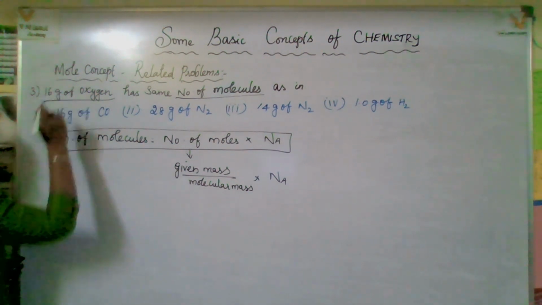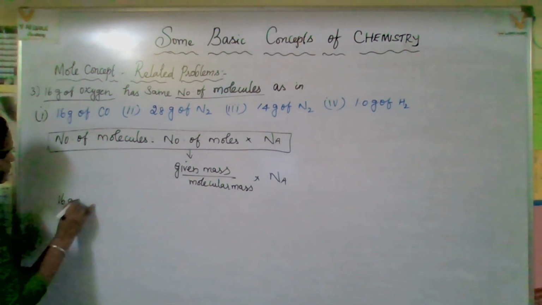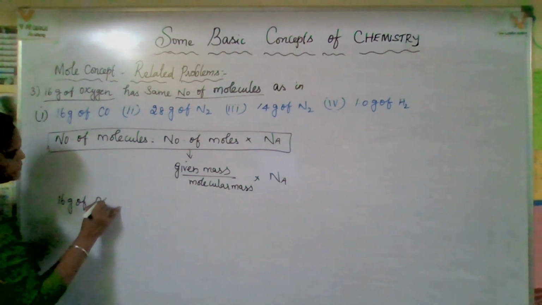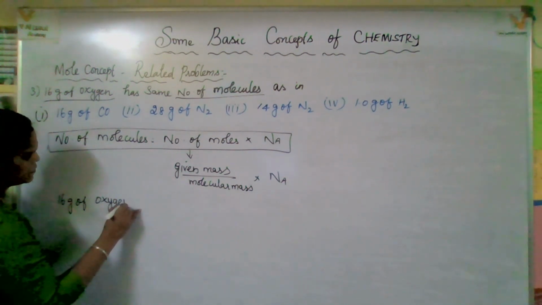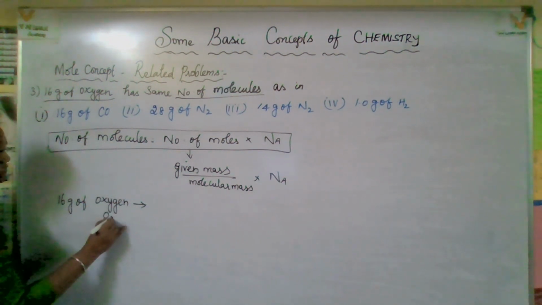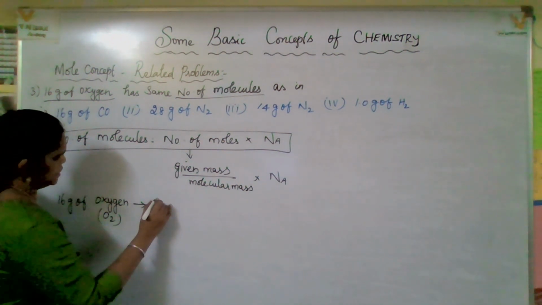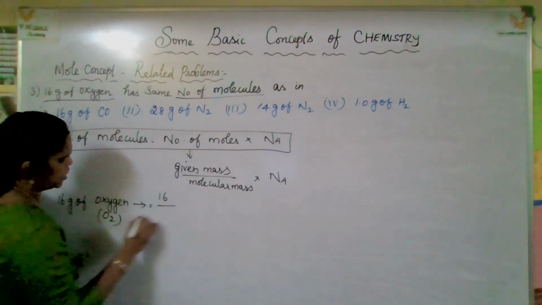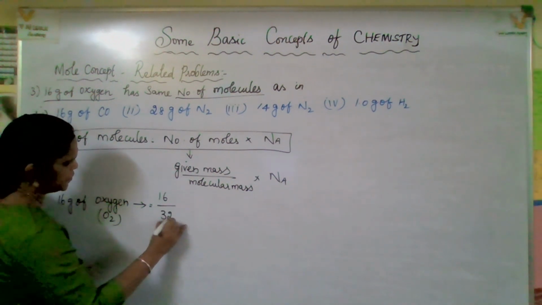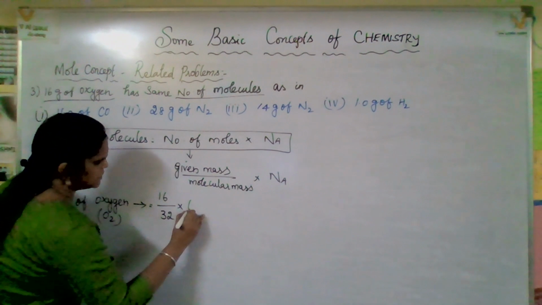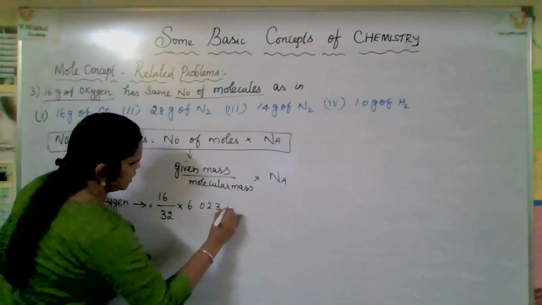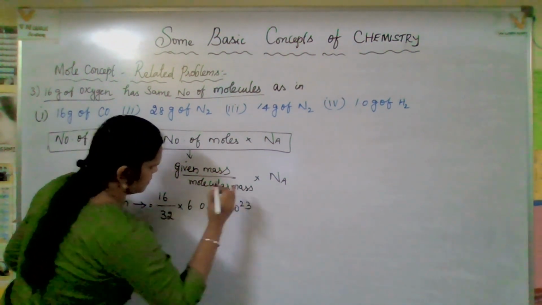Now first and foremost, 16 gram of oxygen. Let us write it. This is O2. Here given mass is 16 gram, and molecular mass of oxygen is 32, into Avogadro number 6.023 into 10 to the power of 23. Right?